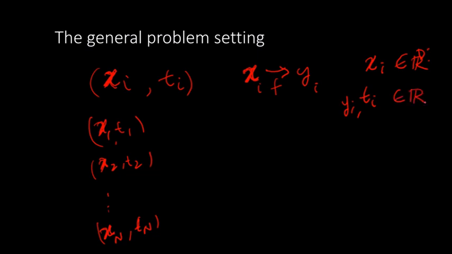That's the general setting, and we want yi to emulate ti, so we want the function to come as close to ti as it can, and because of that it will reduce the error in the estimation.